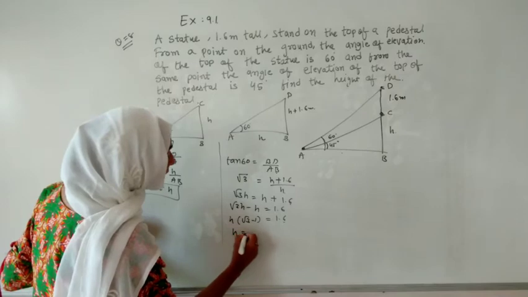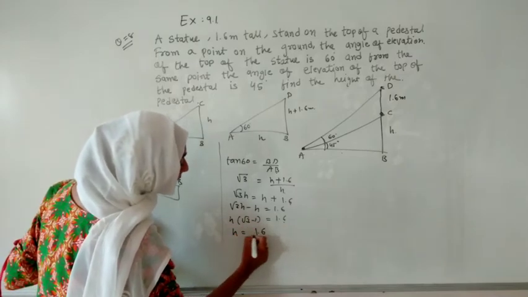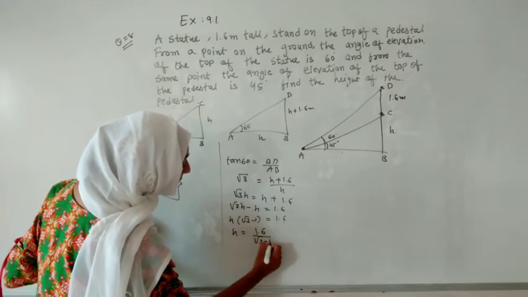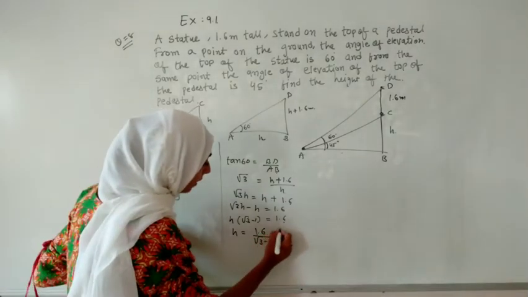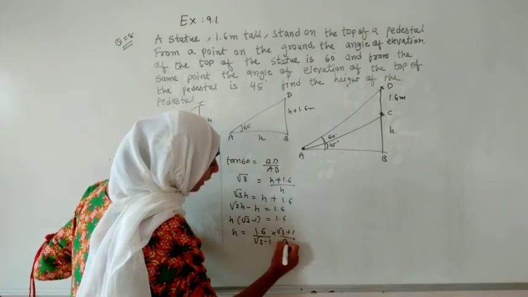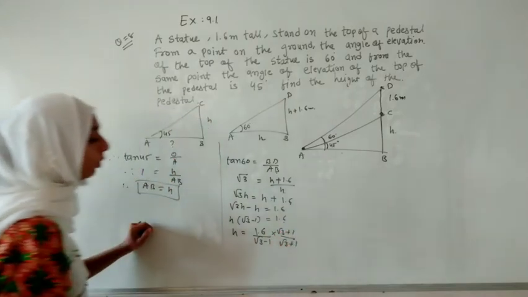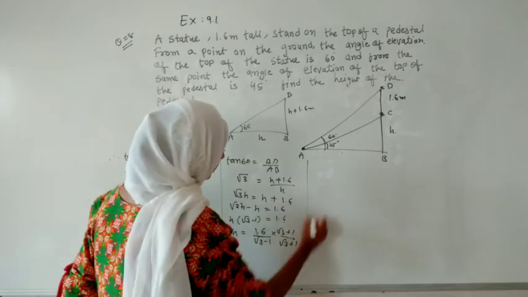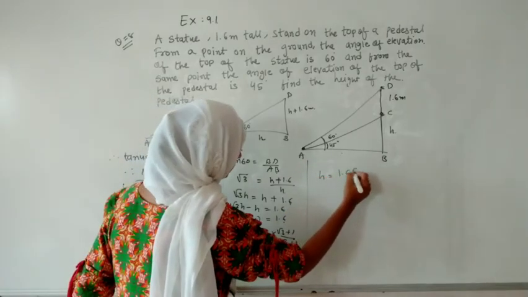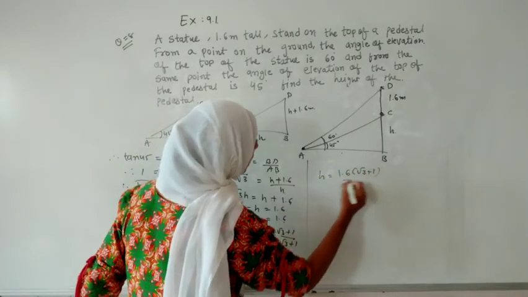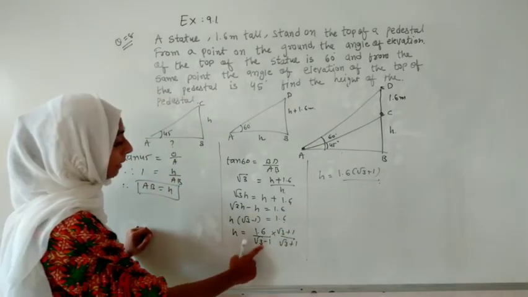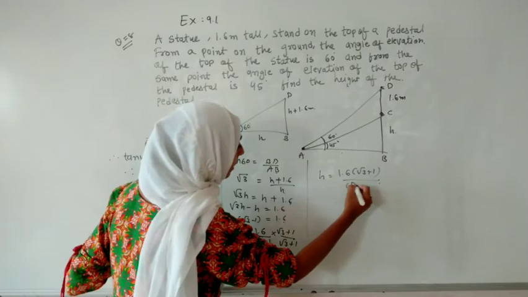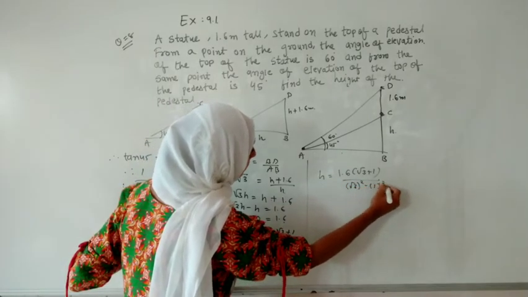So if we are making H alone, it will come down, and it will become 1.6 upon root 3 minus 1. If you want to take the denominator in simplest form, we will multiply by root 3 plus 1 in numerator also and in denominator also. Then how will it look? It will look like 1.6 into root 3 plus 1, and in the denominator we will apply the identity A minus B, A plus B, that will become root 3 square minus 1 square.